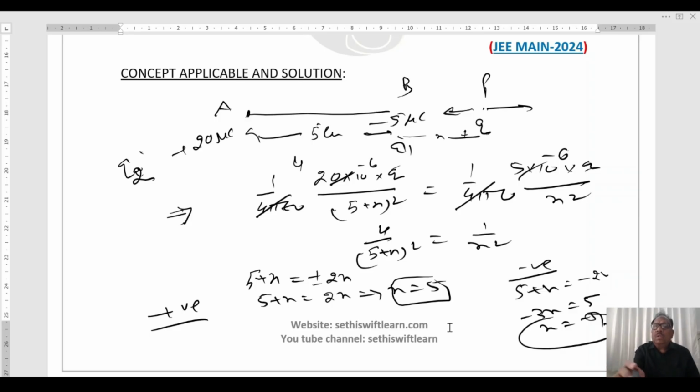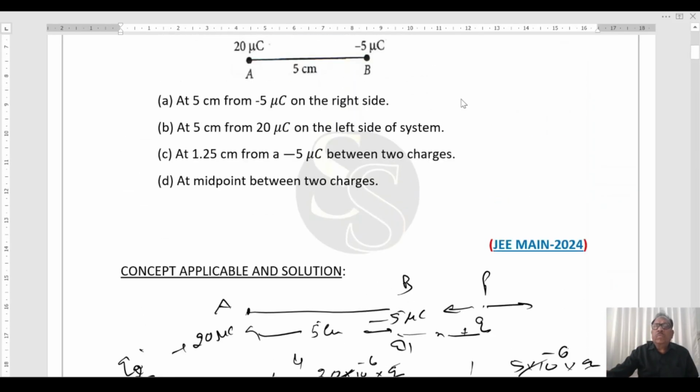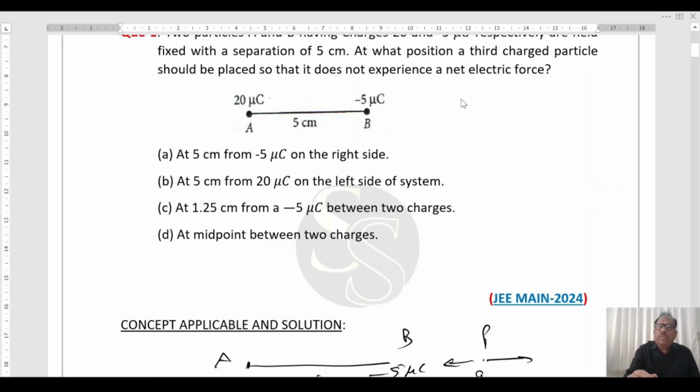Because these are unlike charges, null point will be outside, at a distance of 5 centimeter towards the negative charge, on the right hand side. A is the answer.